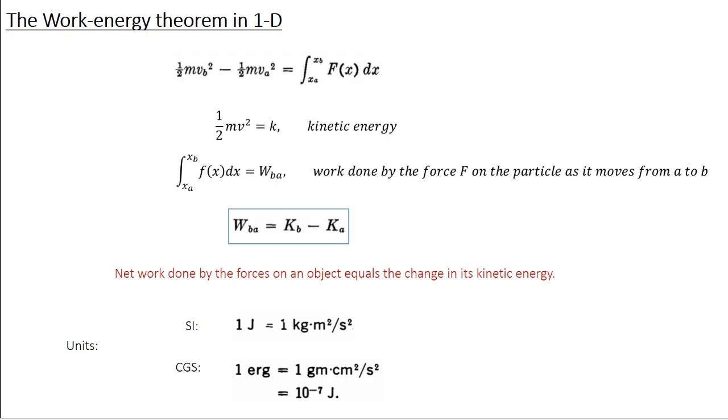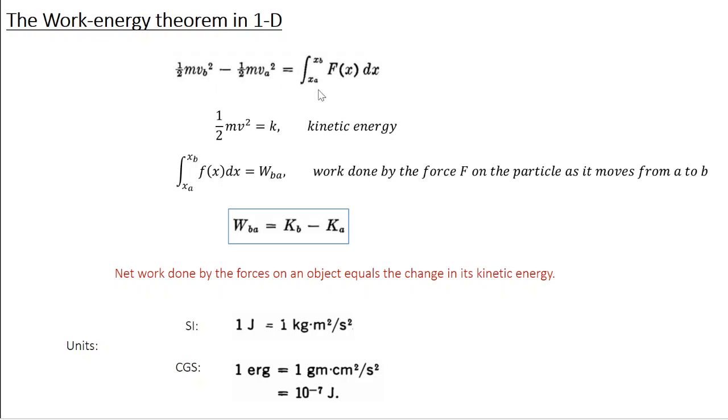Now let's try to understand the physical meaning of this relation. Half m v square is nothing but kinetic energy K. So half m VA square is the kinetic energy at position A, which you can call KA, and half m VB square is the kinetic energy at position B, which you can call KB. So the left hand side is KB minus KA.